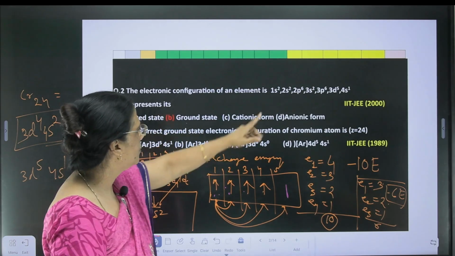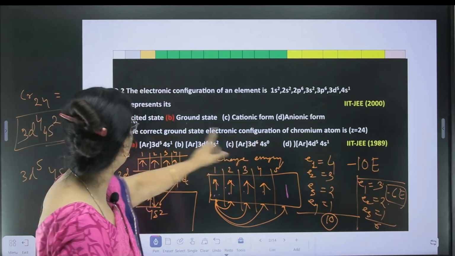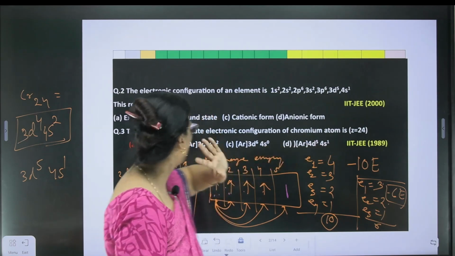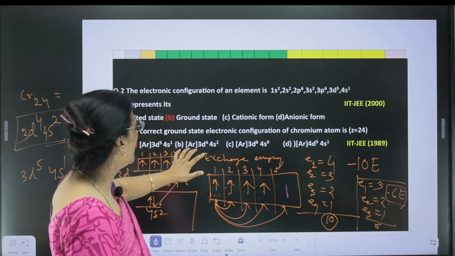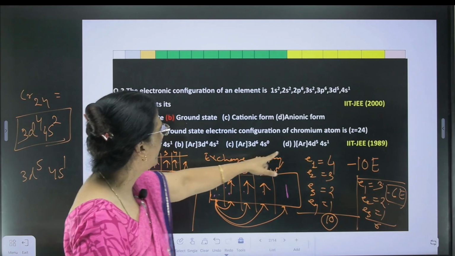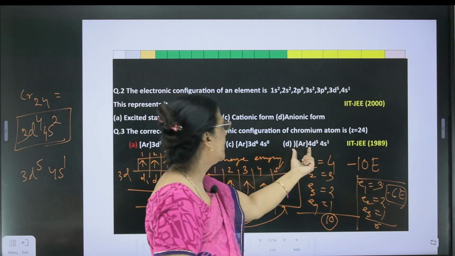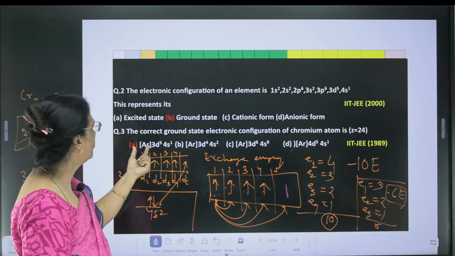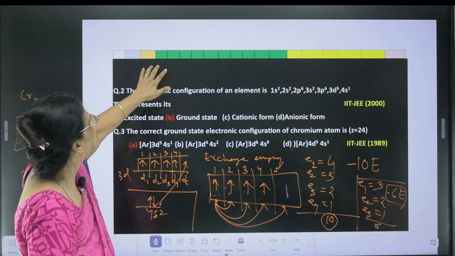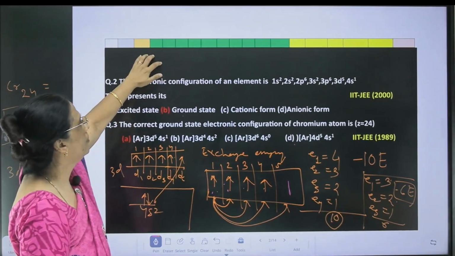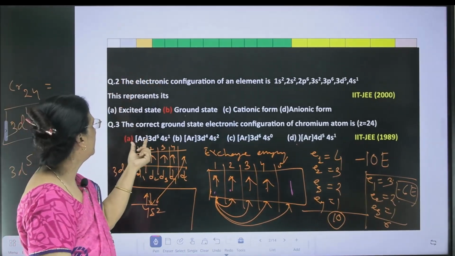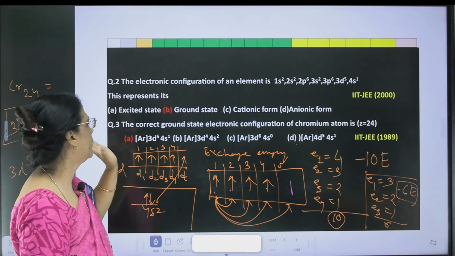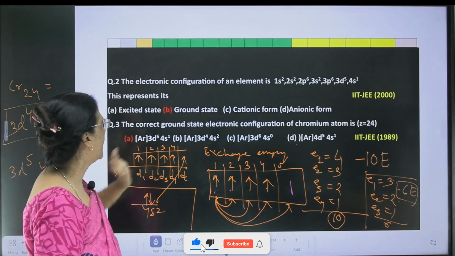And you see the same question is asked in a different way. The correct ground state electronic configuration of the chromium atom, Z equal to 24, is this. And you know the system is d5 4s1. Before that, argon will be there. If you want to write the electronic configuration, we prefer to write the inert gas structure, then the rest of the electrons can be arranged in this way.